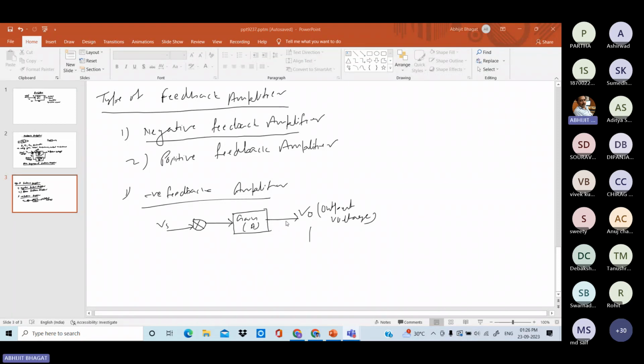Then there is the feedback network having feedback ratio beta. Then beta part of the output is fed back to the input side. Vf is the feedback voltage. So Vf equals beta part of the output voltage fed back to the input side, so your Vf equals beta V0.